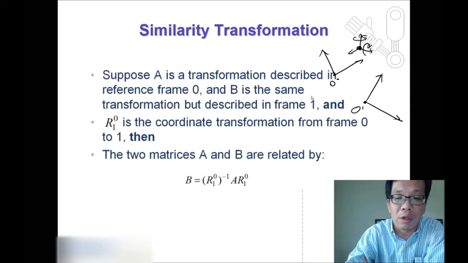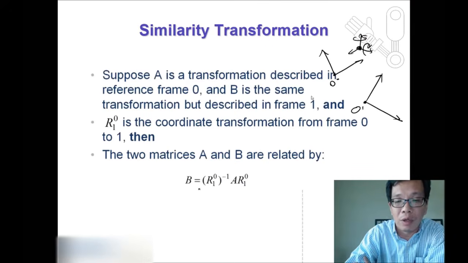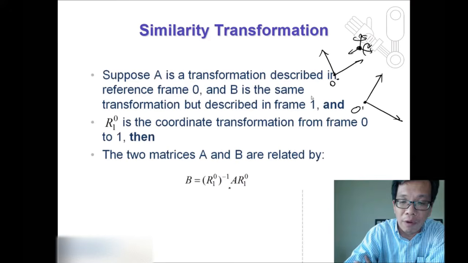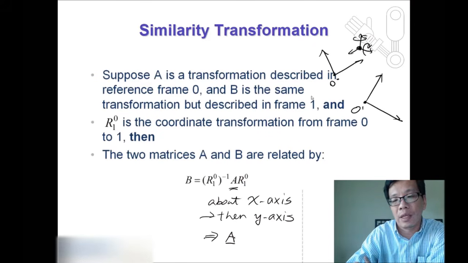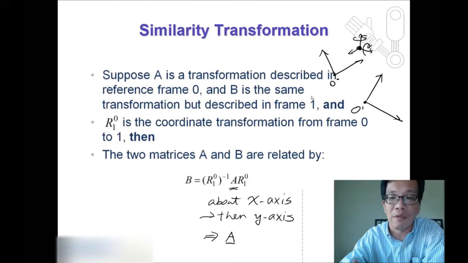So when we are dealing with that, okay, if we know it's going to be rotated about the x-axis, then about the y-axis, in that case, we got the transformation matrix A, but that is based on frame 0.